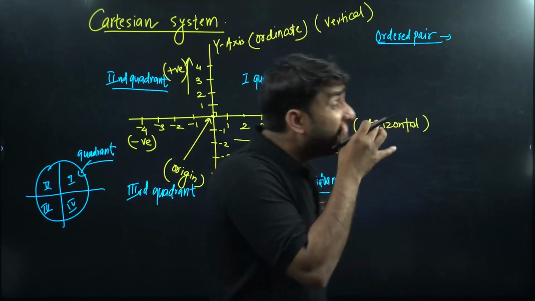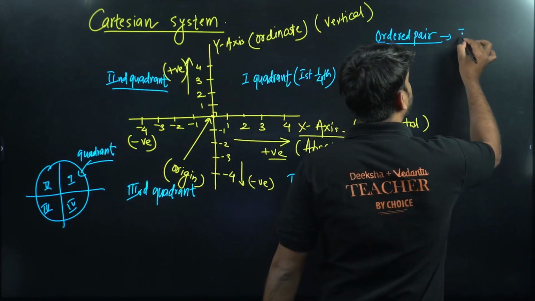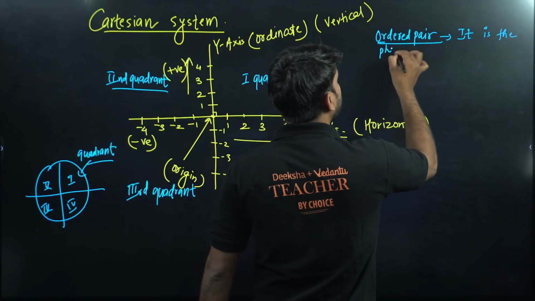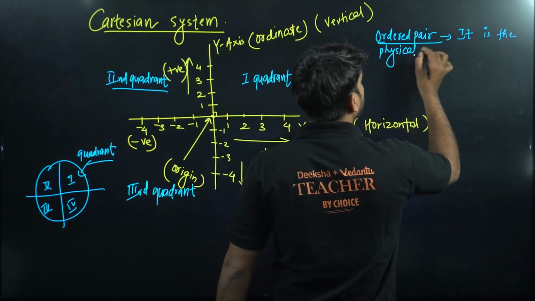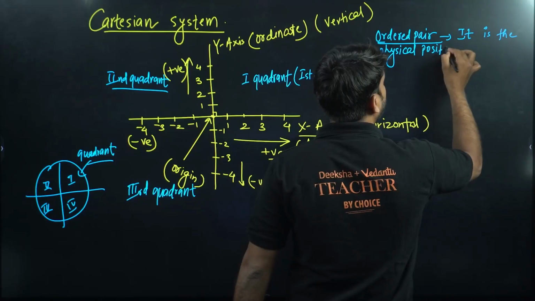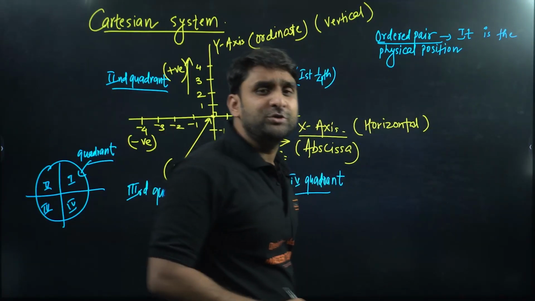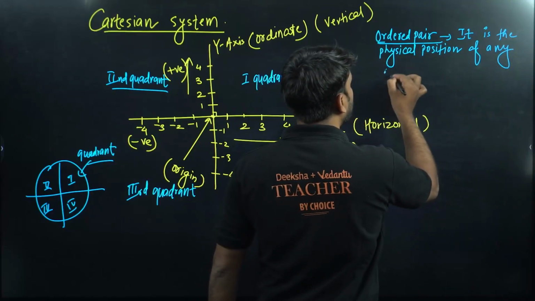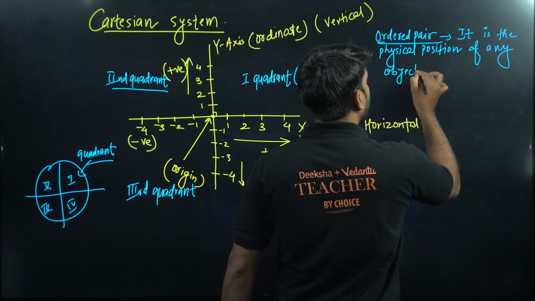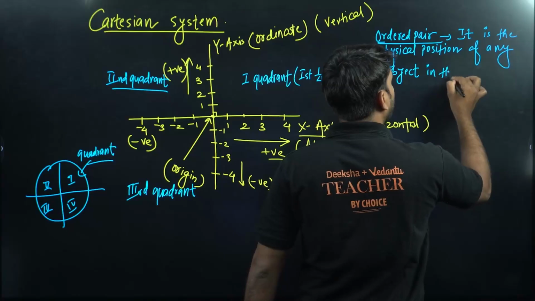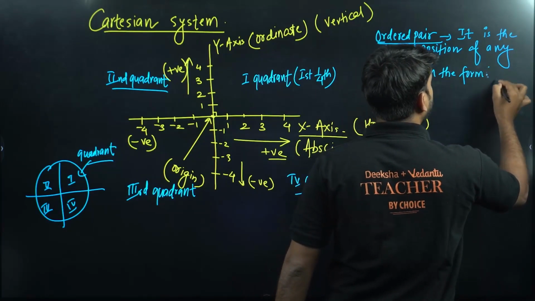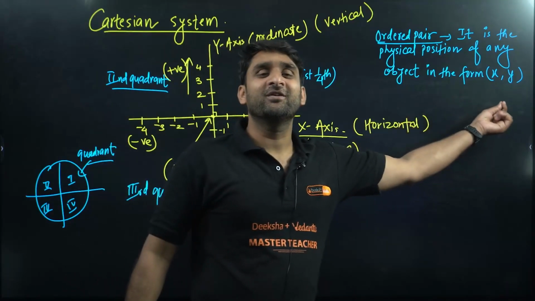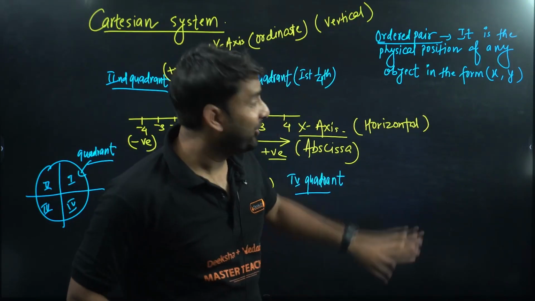So an ordered pair is defined as the physical position of any object in the form x comma y. X represents the x coordinate and y represents the y coordinate. I hope you are getting my point.